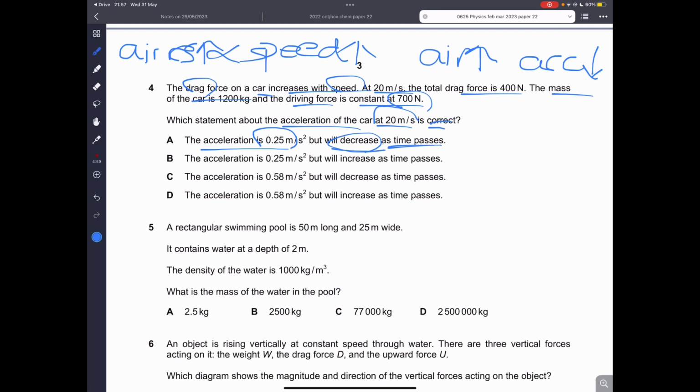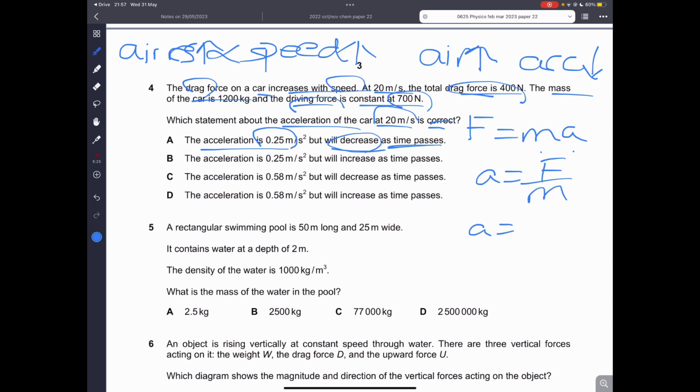And how do we get the acceleration? Well, this is due to the formula F is equal to ma, and F is the resultant force, m is the mass and a is the acceleration. So first let's find the acceleration, which is a equals F over m. The force that we have here is 300, because the drag force is opposite of the driving force.